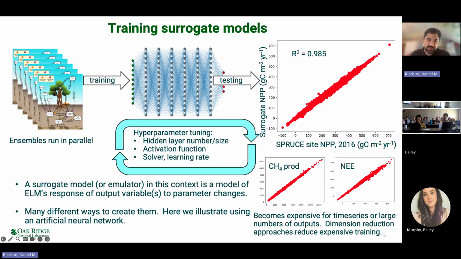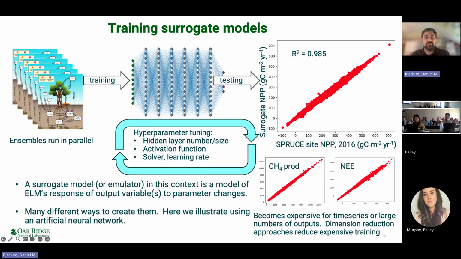With other methods, you might have different hyperparameters. But if you have that ability to tune the hyperparameters, typically you can come up with pretty good fits of these surrogate models. In this example on the right, for NPP, we're getting quite a good R squared of about 0.98, and some other variables are shown below.